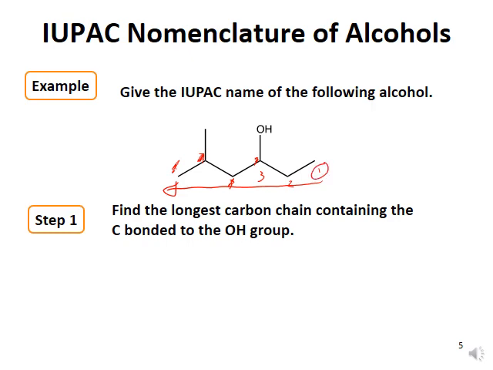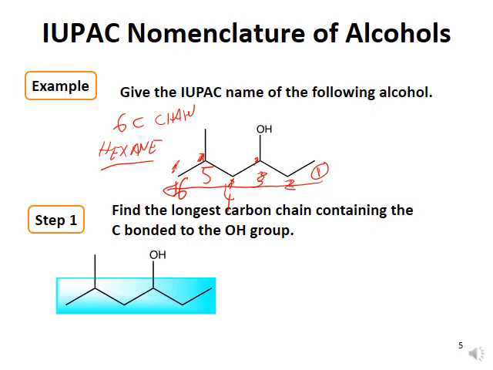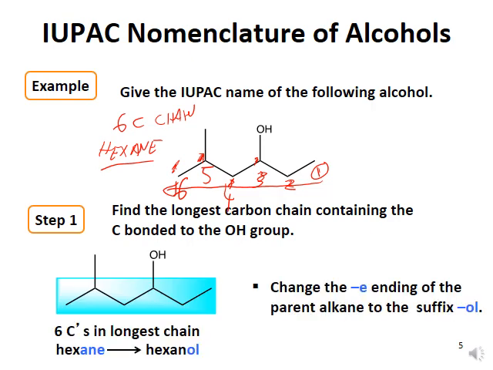And since there's 1, 2, 3, 4, 5, 6, that means this is a 6 carbon chain. So it's going to be a hexane, right? But we're going to change the hexane, 6 carbons, the -ane to -anol. Change the E to OL, so hexanol.